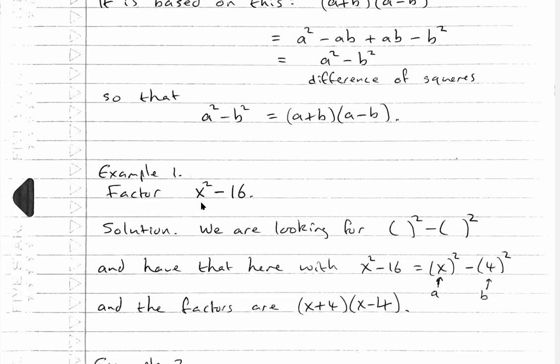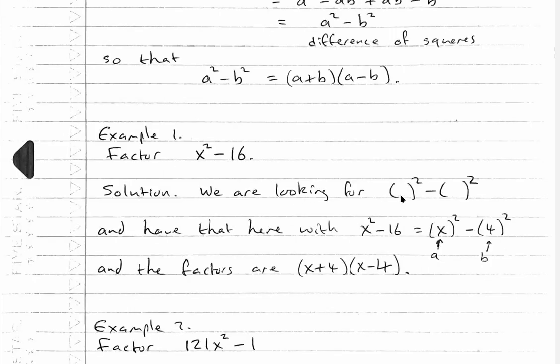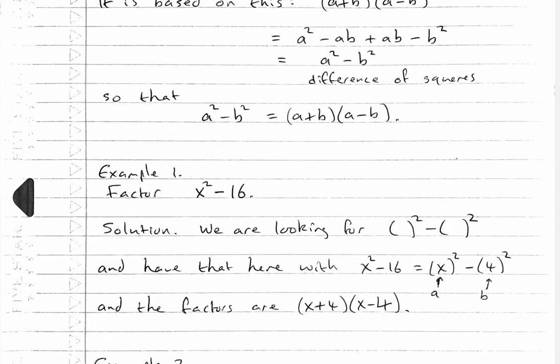So here, example 1, x squared minus 16. Well, this is certainly a square, x squared. And we can recognize 16 as 4 squared. So here we're trying to rewrite it like this. We need an x to go here and a 4 to go here.